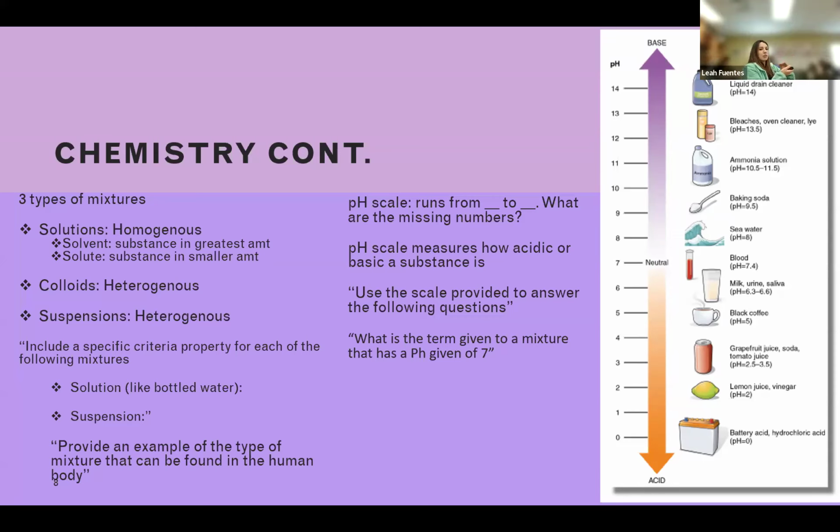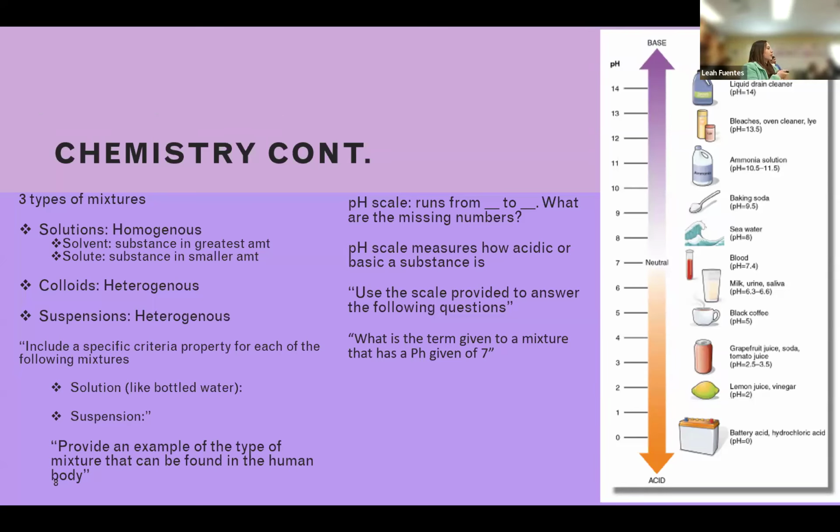What do we say? Plasma or blood. I think it'll tell you. It should tell you, like, provide an example of a solution in the human body or something like that. But yes, make sure you watch the video on Canvas for mixtures. It's very helpful. I want to say there's 2, but I'm not entirely sure.